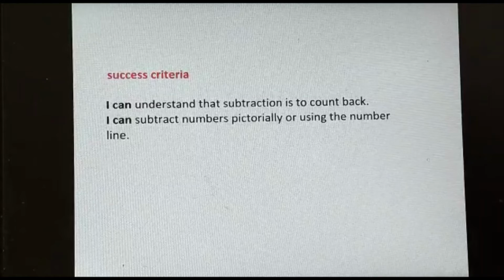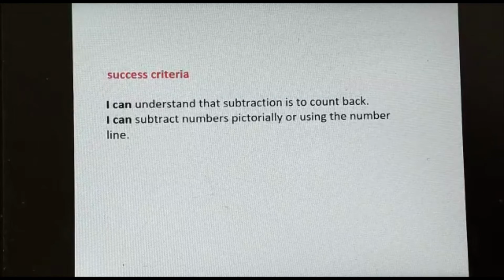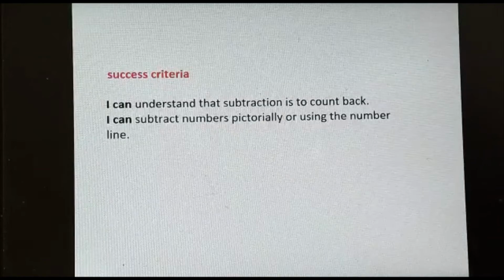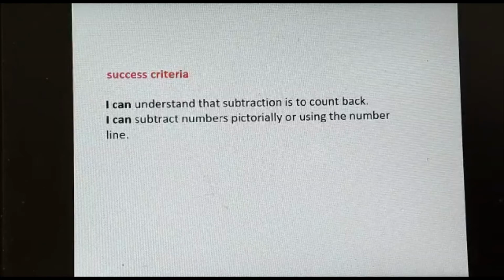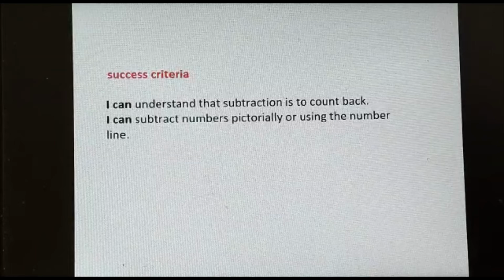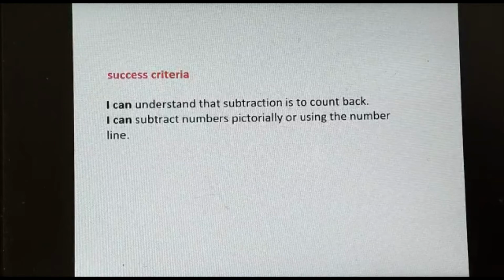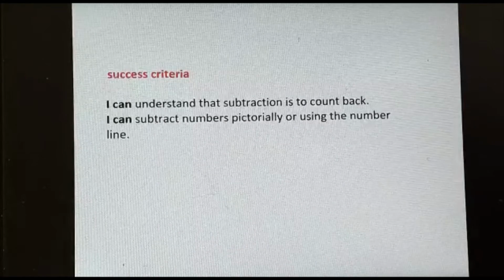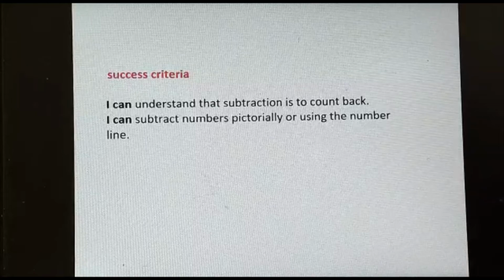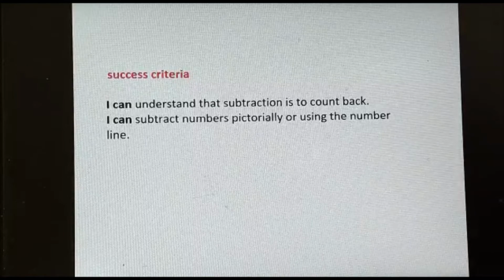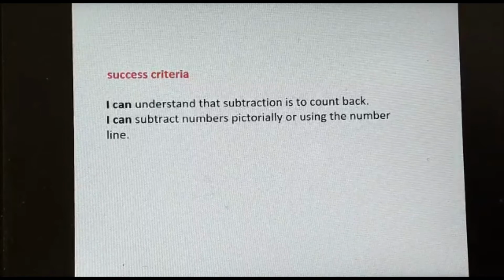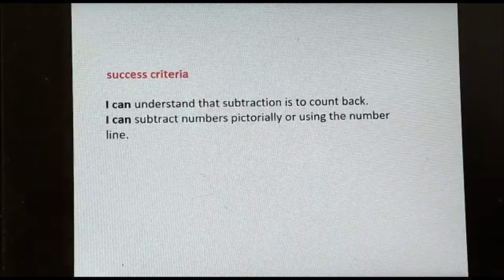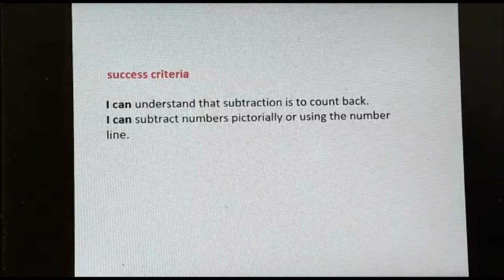This is basically the rubric as well. That can be given at the end of the lesson. And I can subtract numbers pictorially or using a number line. So there will be two kinds of strategies with which the children will be able to understand subtraction in a better way. That is what the teacher needs to make them understand, or the parent who is guiding the child.